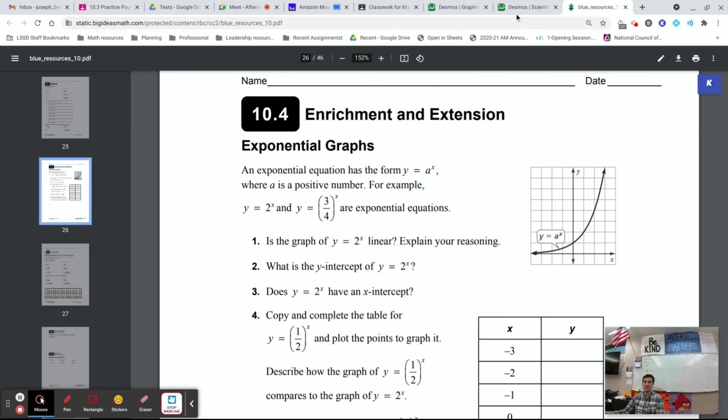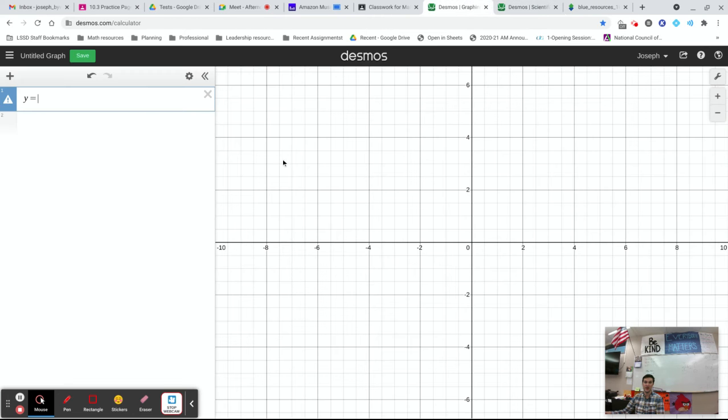I'm going to go to Desmos here, my graphing calculator. I'm going to type in y equals 2, and I can use Shift 6 to get an exponent up there, just so you know, Shift 6 if you're looking to type in the exponent. Anyway, I can look at the curve there. You can see it right there.